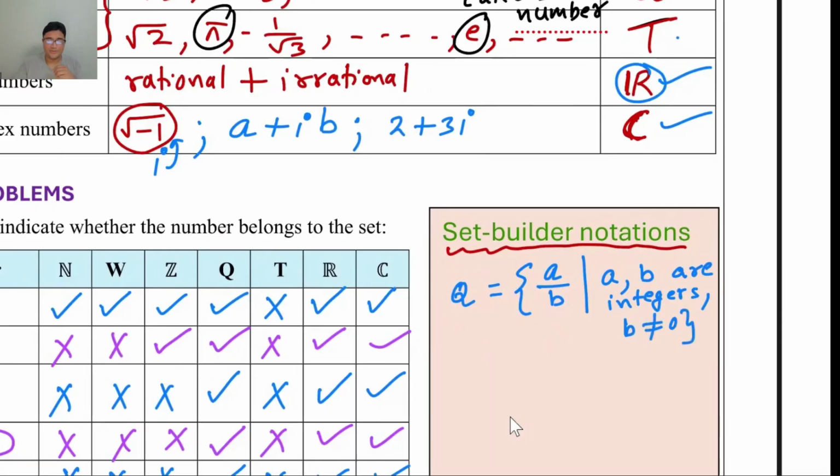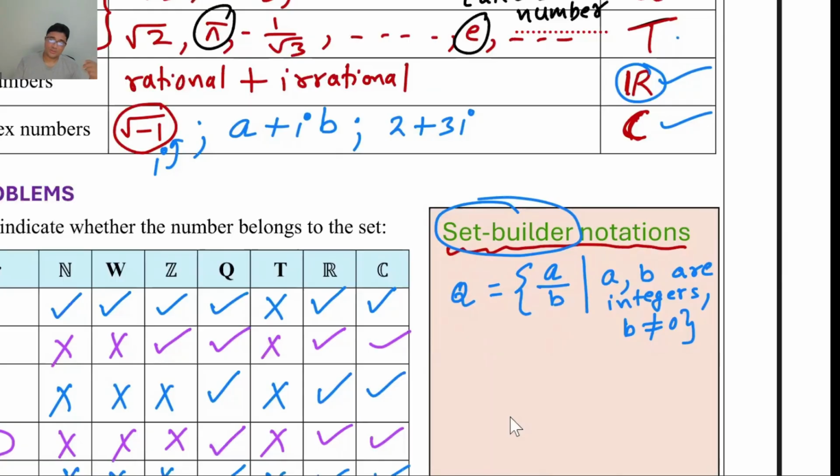You cannot divide by 0. And then close the bracket. 2 brackets, and inside that you write this description. It is called set builder notation. As the name says, it gives you a method to build the set.